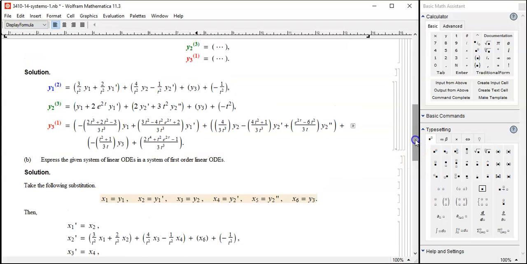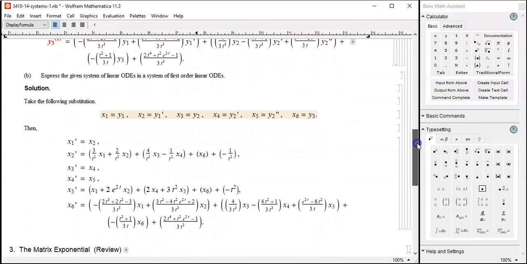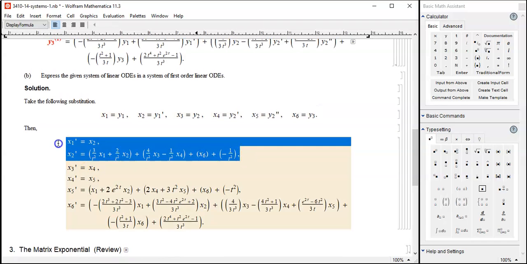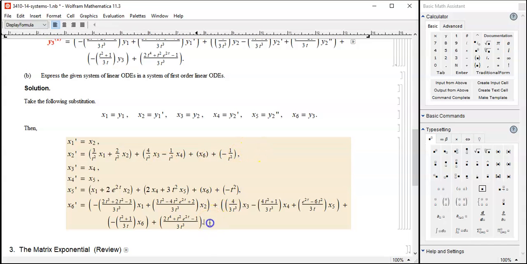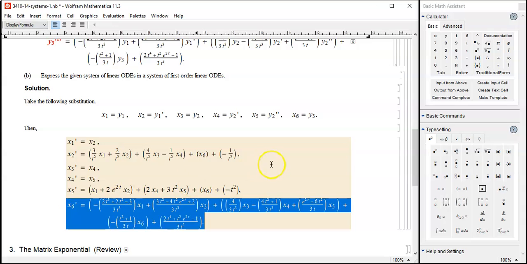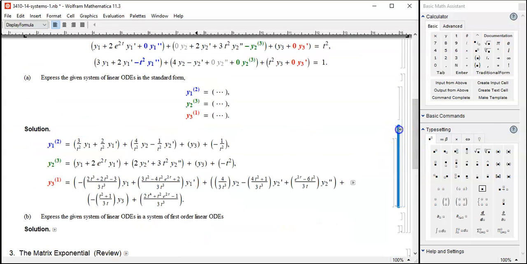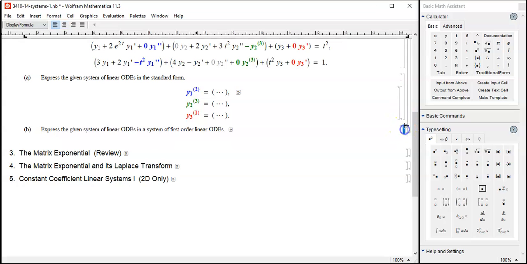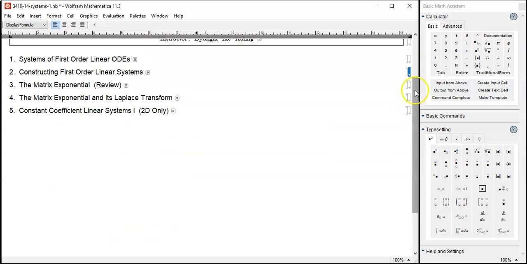It goes up to 6 because order 2 plus 3 plus 1 is 6. The first two are about y1, and these three are about y2 because that one has order 3. The last one is about y3, which has order 1. So there you go. But you don't really have to worry too much about these computations. Whether it is possible or not is the problem, and we proved it, and that's sufficient.